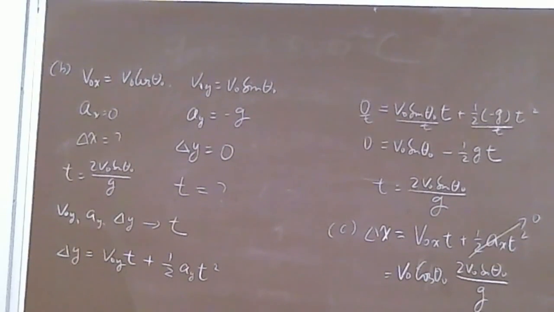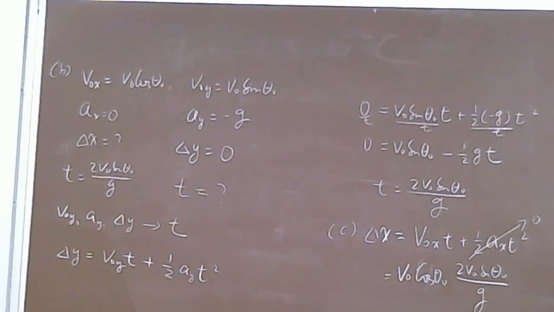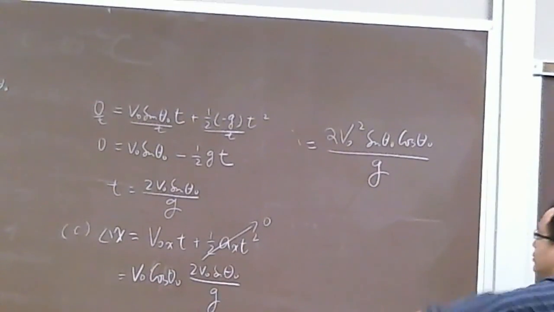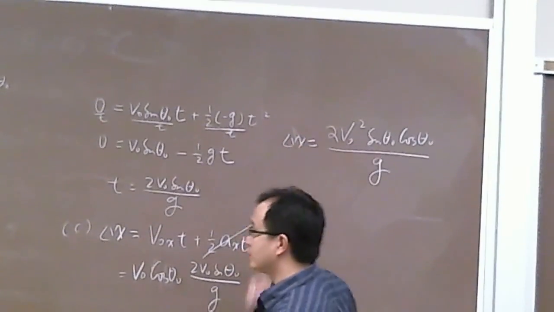We get 2 v naught squared multiplied by sine theta naught multiplied by cosine theta naught divided by g. That's delta x, the horizontal range.